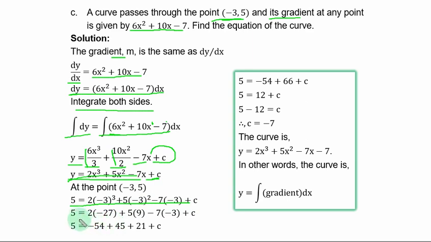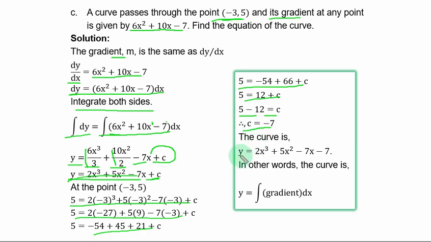If you simplify, you have this, and this, and this. It is step by step simplification. To get c, you transfer 12 to the left-hand side and you have 5 - 12 equal to c. Therefore, c is equal to -7.